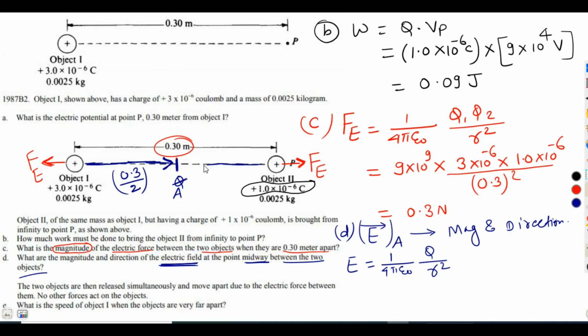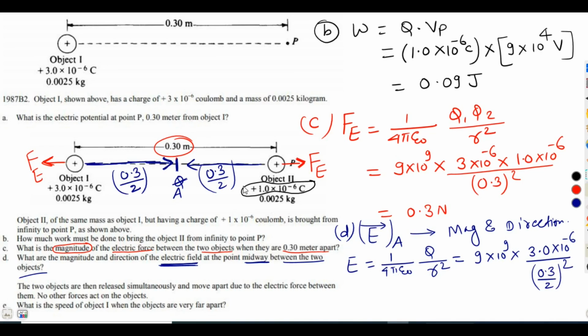Similarly, the distance from object 2 will be 0.3 divided by 2. We can calculate from either side, the answer will be the same. This will be 9 into 10 raised to power 9, Q is 3.0 into 10 raised to power minus 6, divided by (0.3 by 2) whole square.